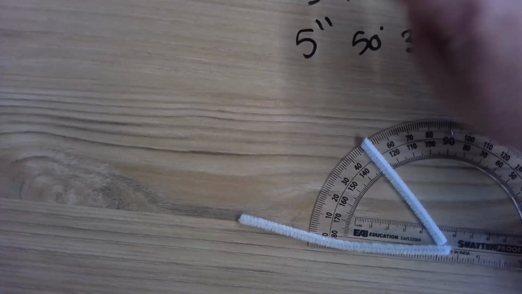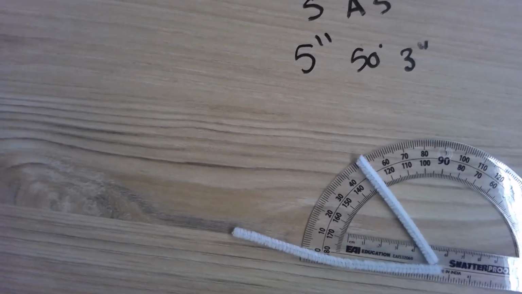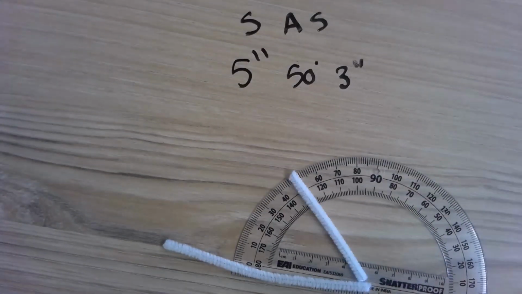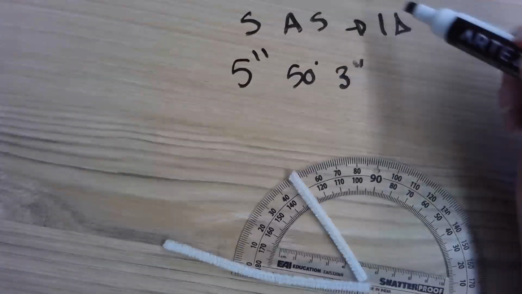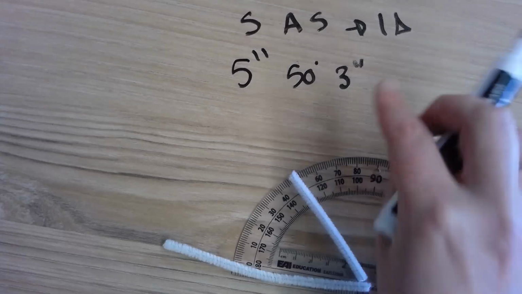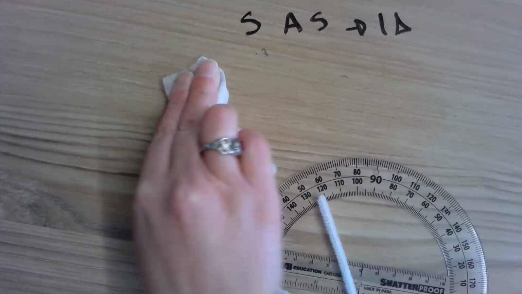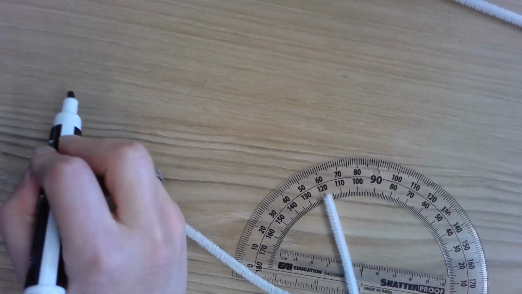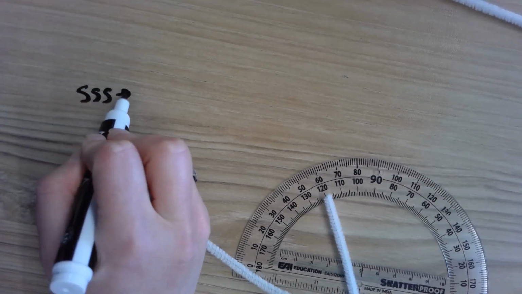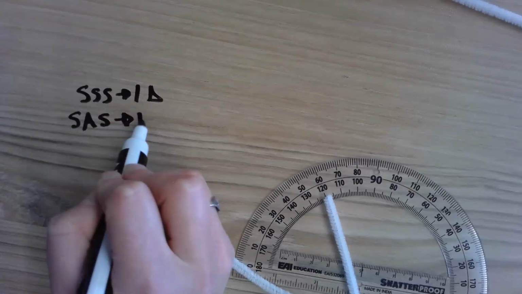So if we have a side, angle, side, what we have is one triangle. So far what we've seen is if we had side, side, side, that gave us one triangle. Side, angle, side gave us one triangle.